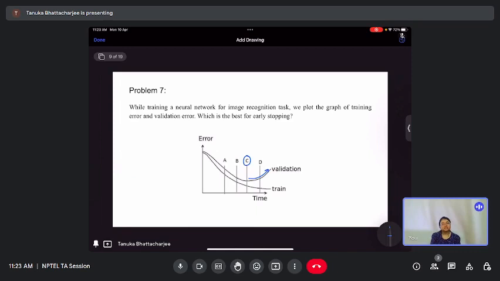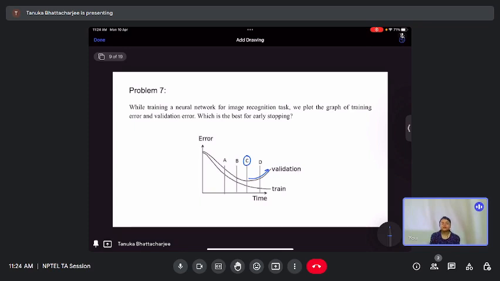Now in each iteration, once you adapt the weights, or maybe after a few iterations, you should test your network's performance on validation data. For example, let's say you want to do early stopping. You need to know the performance on the validation data.